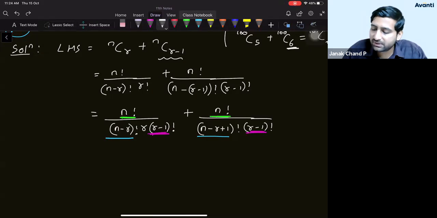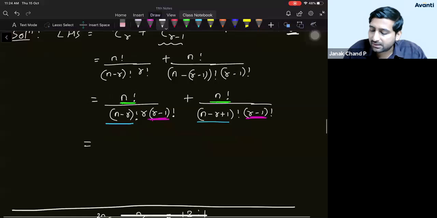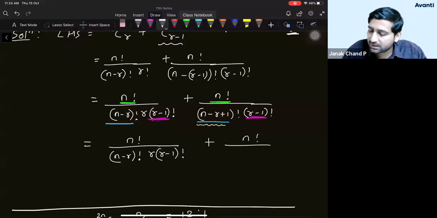So finally, students, we can write this as n factorial divided by n minus r, as it is, into r into r minus 1 factorial, plus n factorial divided by, this blue color can be written as n minus r plus 1 into its lower factorial.